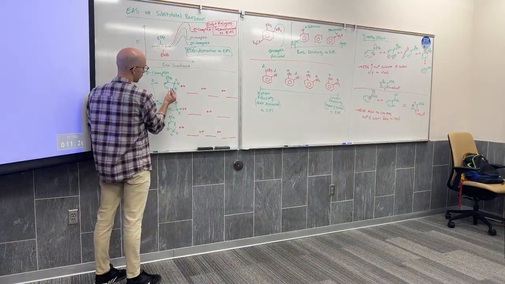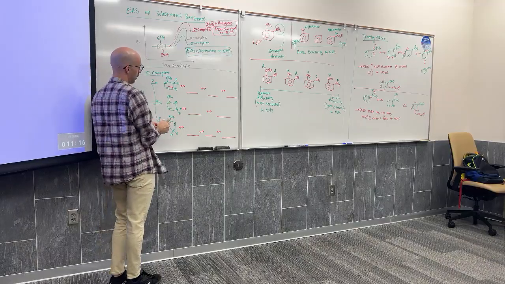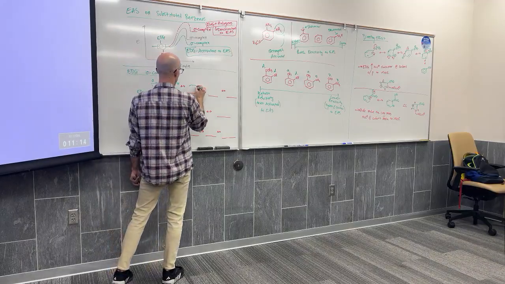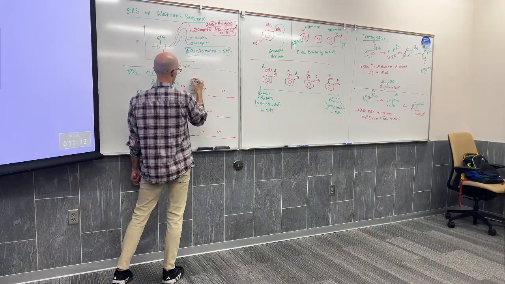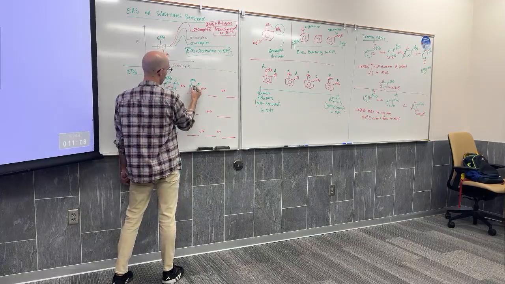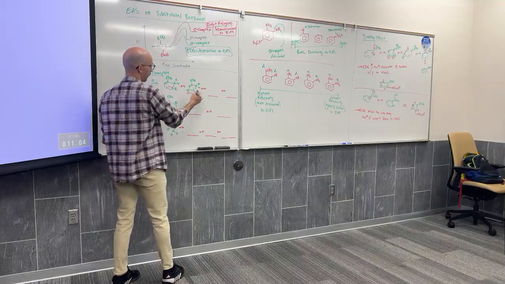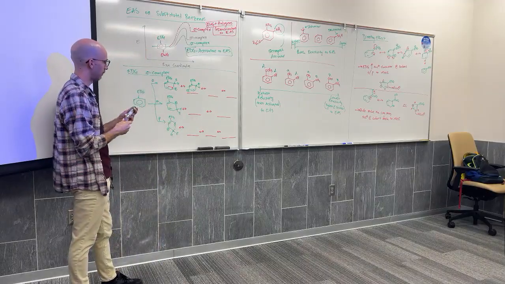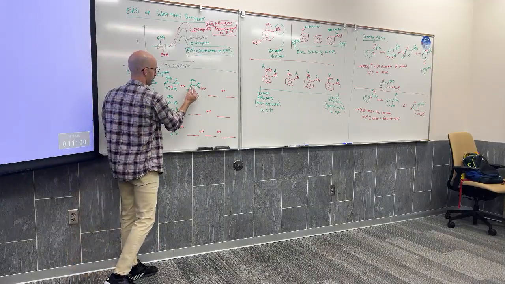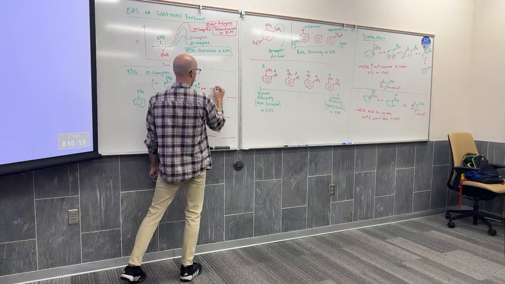So let's show some that we're used to seeing. Pi bond moves towards the positive charge. I am going to do a little bit more abbreviation here, and instead of drawing, no, I won't. I'll show the E and the H each time. It's just better that way. Positive charge moves around.